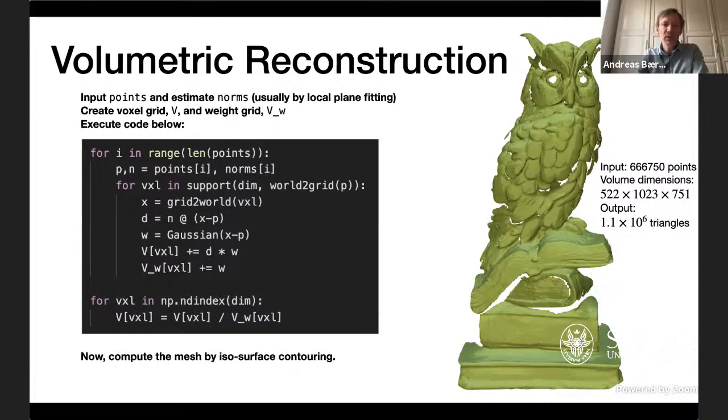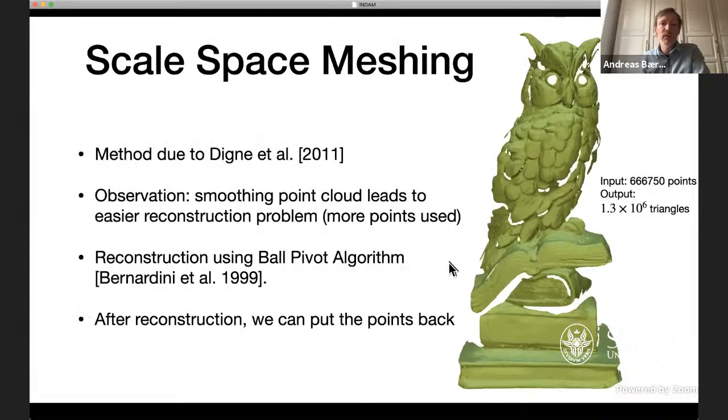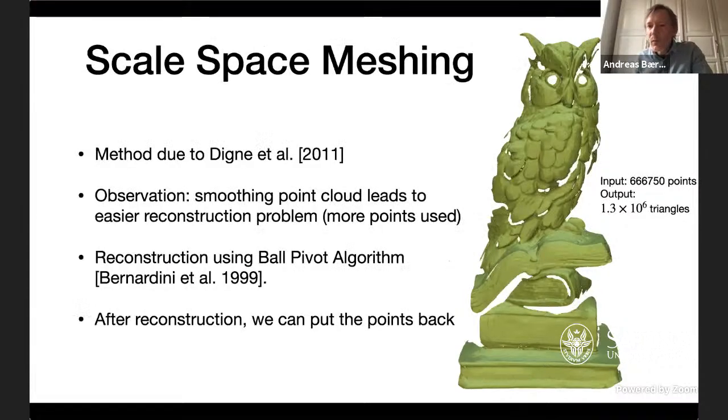So of course, it's interesting to compare this method to one of the combinatorial methods. For this example, I picked a method called scale space meshing by Digne and co-workers from 2011. And I think this is an interesting method.